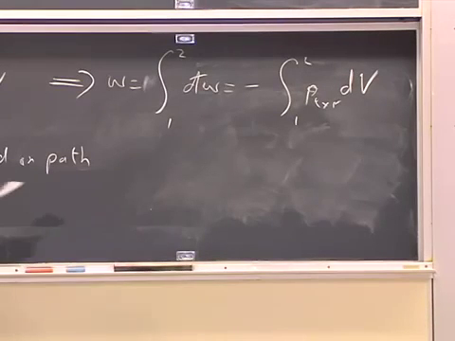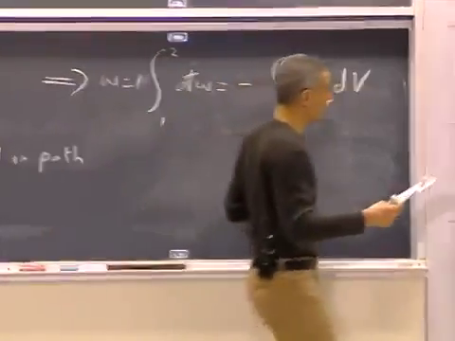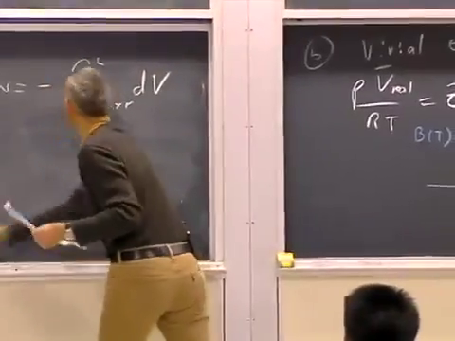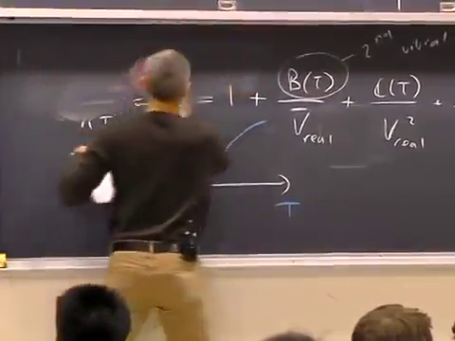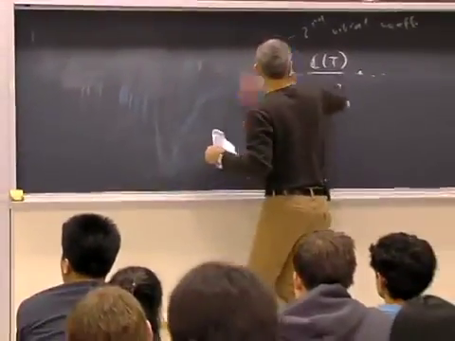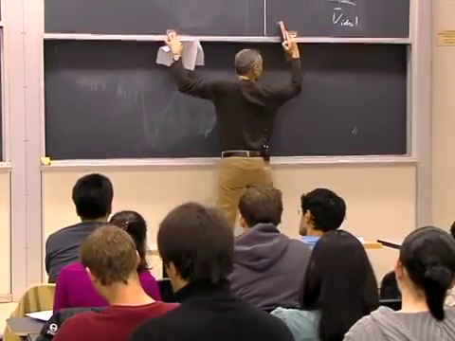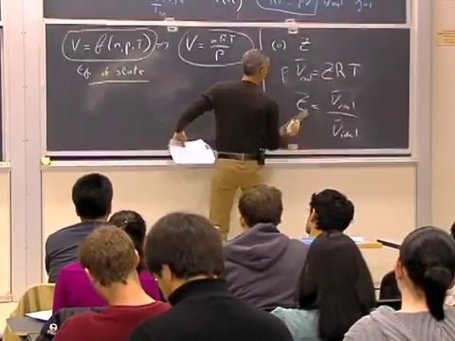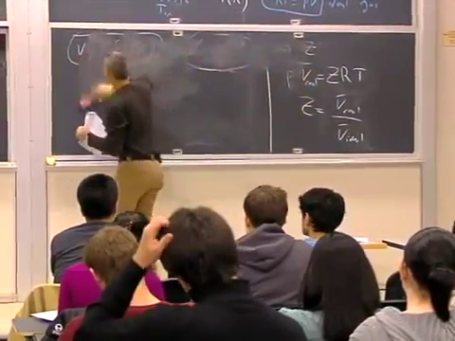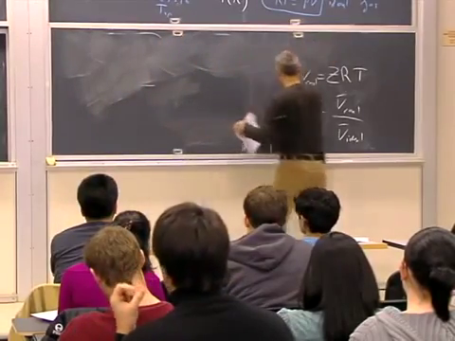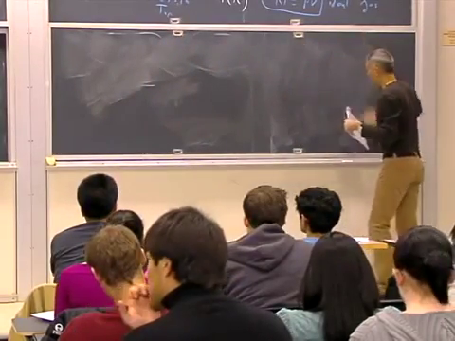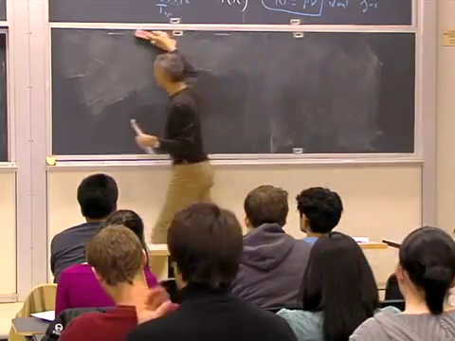Okay. So let's look at this path dependence briefly here. We're going to do two different paths and see how they're different in terms of the work that comes out. So we're going to take an ideal gas. We're going to assume that it's ideal. Let's take argon, for instance.